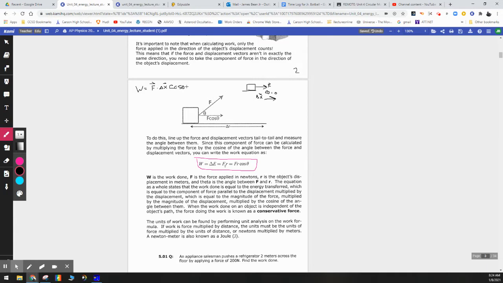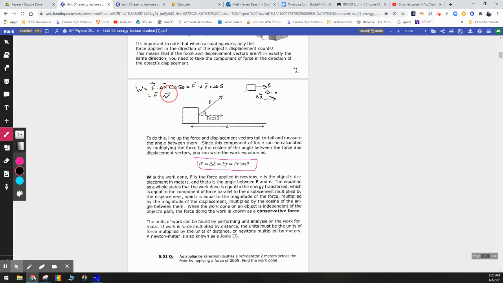When we do this, we have force, a vector, times delta x, and here we have the cosine of 0. In degrees, the cosine of 0 is 1, so this ends up just being force times delta x.